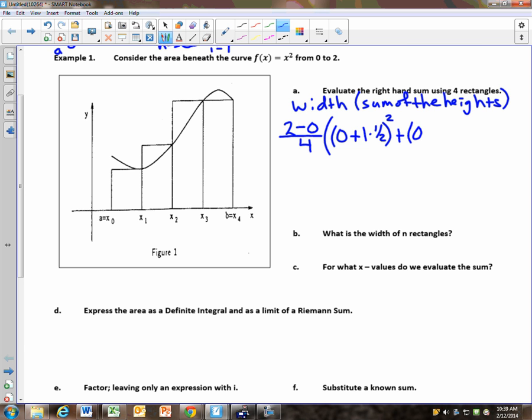Then you start at 0, and you go over 2 widths for the next one, because that's how you get the height. You plug it in the function. And then we start at 0, and we go over 3 widths. When we start at 0, we go over 4 widths.